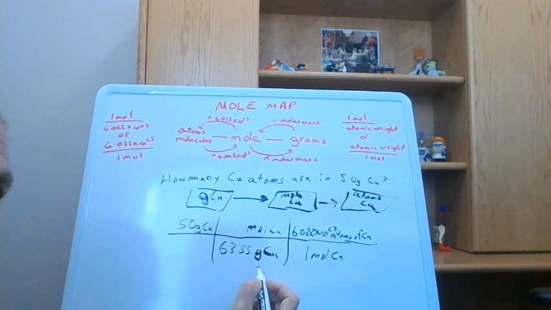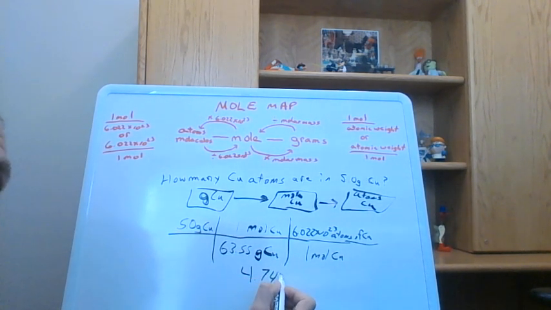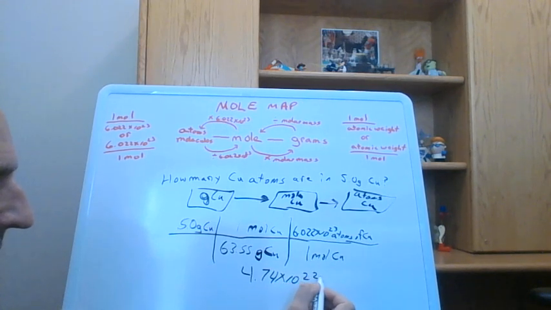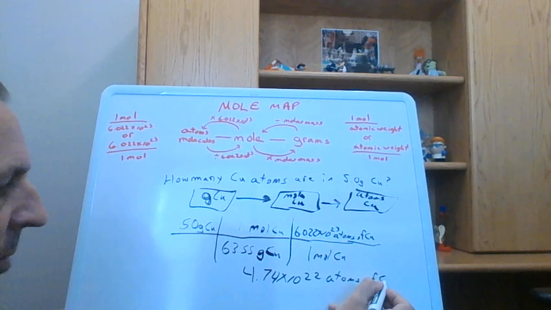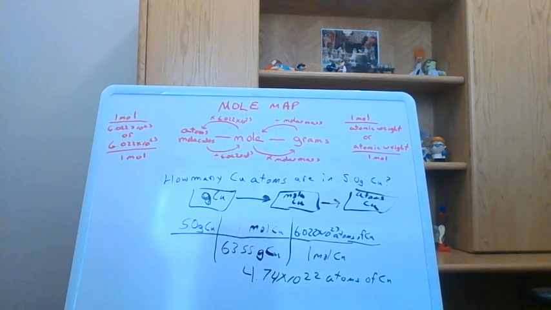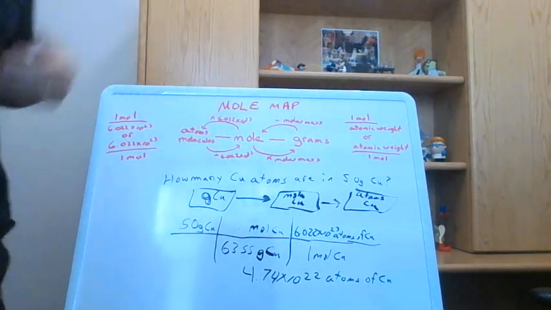And you should find out that you have 4.74 times 10 to the 22 atoms of copper. So that would be going from this side of your mole map all the way to the other side.